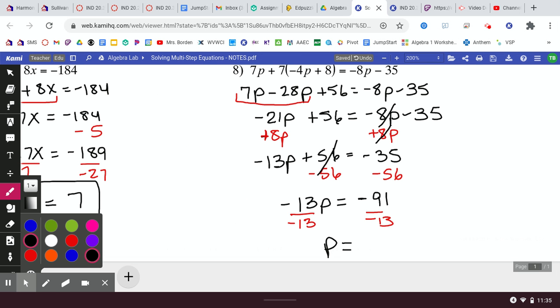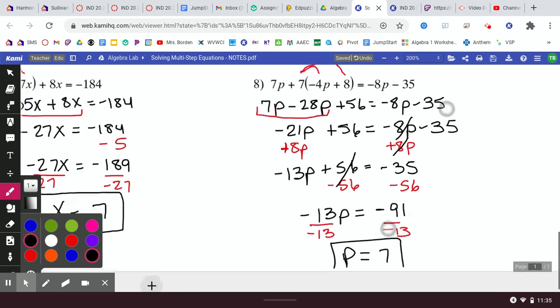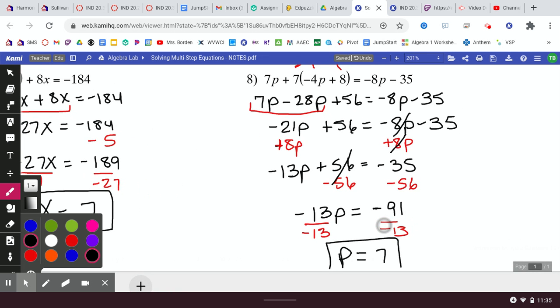Positive or negative? Good. Positive 7. So it looks like a lot, but as long as you do it in that same order of those steps every single time.